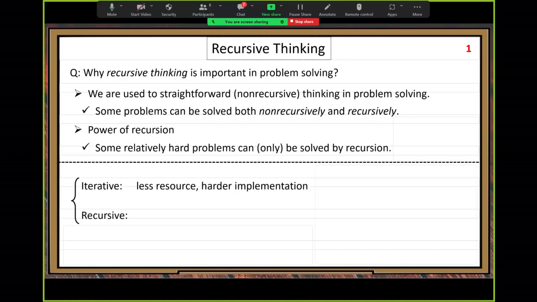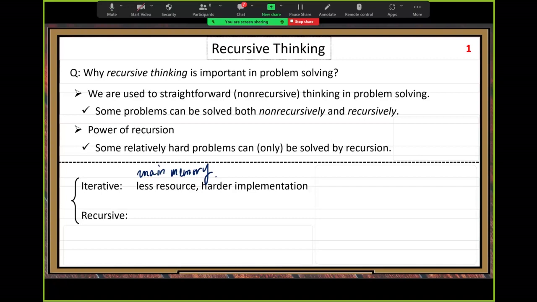So what resource are we talking about? The main resource we are talking about here is main memory, RAM.